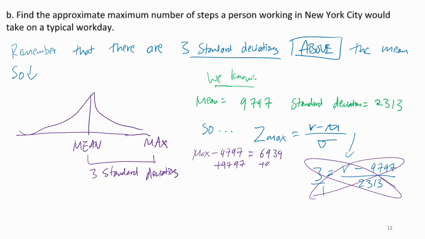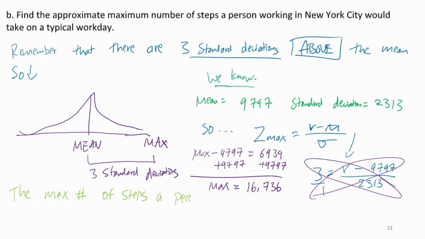Add 9,797 on both sides. And we get the maximum is 16,736. So the answer is the maximum number of steps a person takes in New York City would be 16,736 steps on a typical workday.